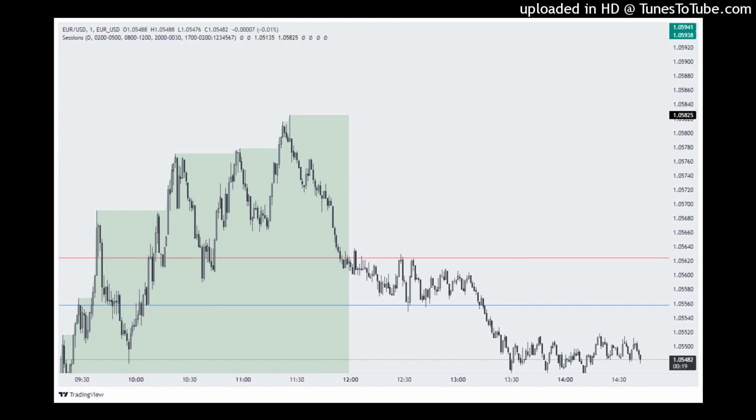In the previous example, which was mainly a 4-hour idea, I used a 1-hour entry. So it's a small difference: because I'm entering on 1-hour candles, I also want to manage that trade from the 1-hour perspective. Here I'm entering on a daily candle, so I want to manage the trade from a daily perspective as well. Very important.